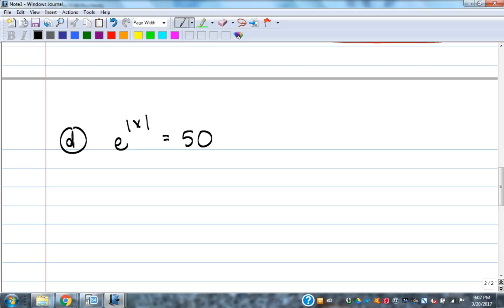What are we going to do to get the x out of the exponent world? Take the natural log. So that's absolute value of x, natural log of e equals natural log of 50. And then what are we going to do?